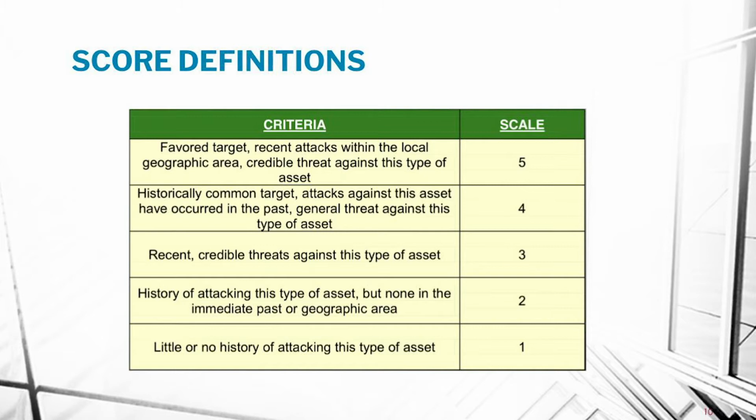What's your probability that if I gave the same event of recent credible threats against this type of asset means that I had one credible threat that I determined was credible because I had 2 people tell me that this guy really doesn't like me and this guy has tended to do bad stuff in the past, and that somebody told me that 2 years ago. Well, and it happened right near me. Would that be a level 3 or a level 2?